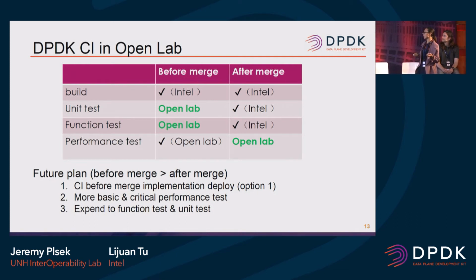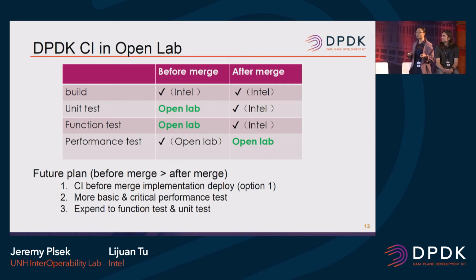In the past year, we have enabled the single core performance test in the Open Lab. We have enabled the DTS, the DPDK Test Suite, in the Open Lab. Next, we will enable more basic and critical performance testing.